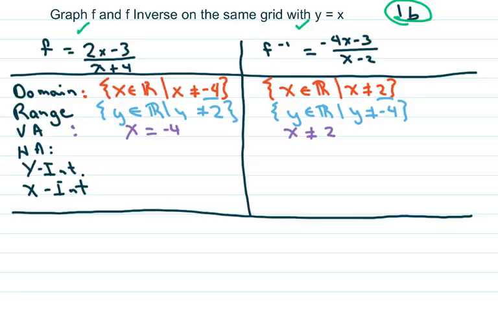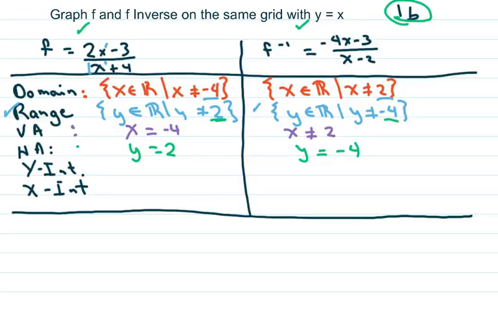For the horizontal asymptote, you can look at your range, or take limits or use your rules. We know the degrees are the same, so you're just dividing 2 by 1. So your horizontal asymptote is y equals 2, which is basically your range. And for the inverse, it's y equals -4.